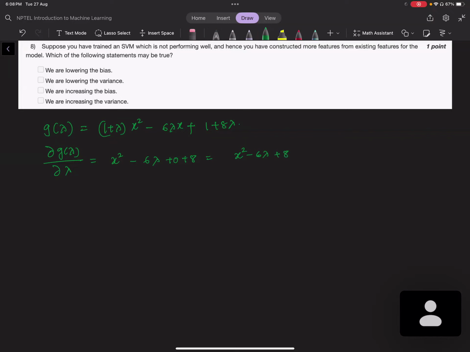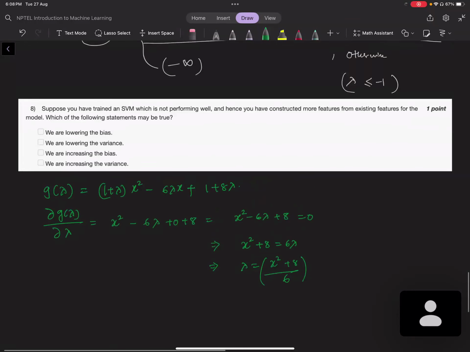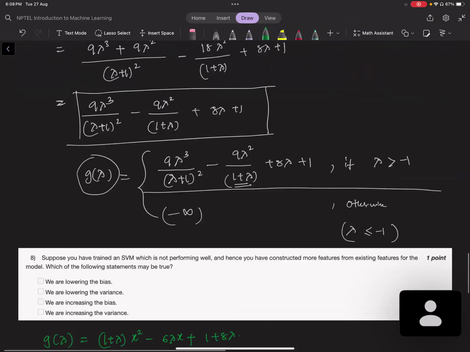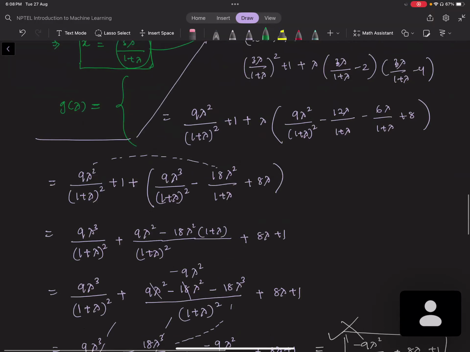If we put that to 0, x² + 8 equals 6λ, so λ = (x² + 8)/6.